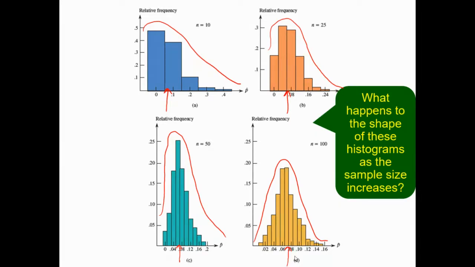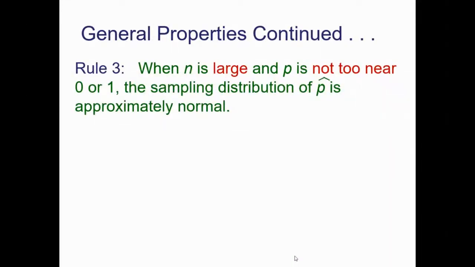And that's actually what Rule 3 that we're about to talk about mentions. Rule 3 says that when n is large and p is not too close to 0 or 1, the sampling distribution of p hat is approximately normal.